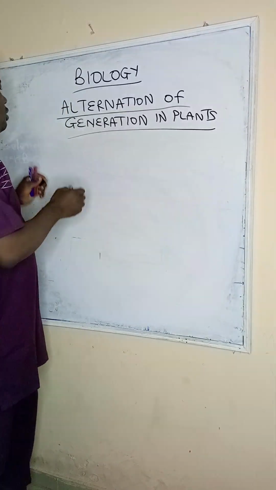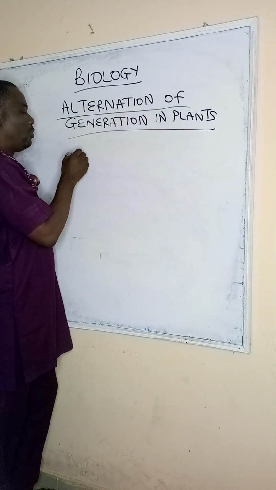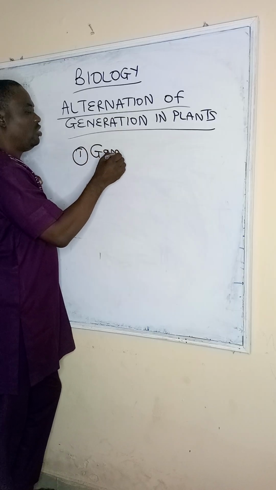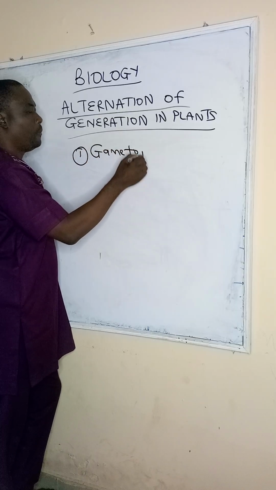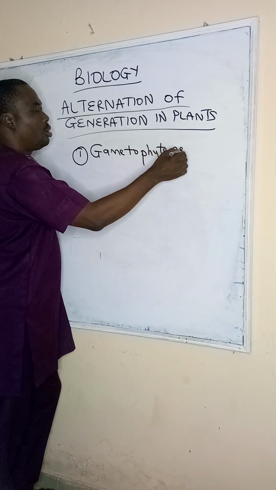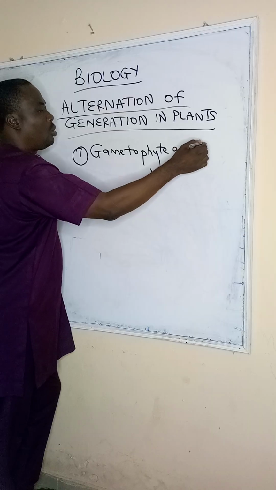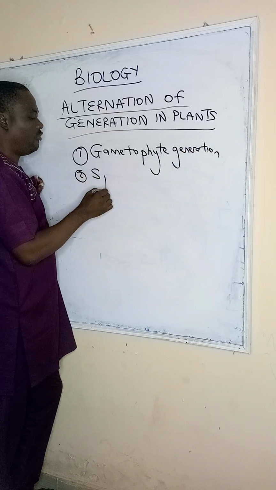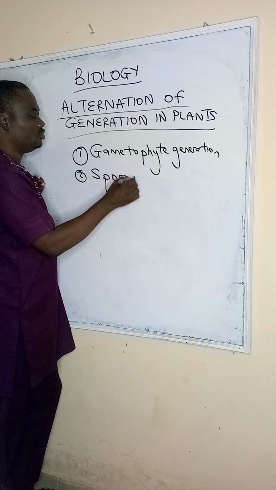Plants show two types of generation. The first one is the gametophyte generation, and the second one is the sporophyte generation.